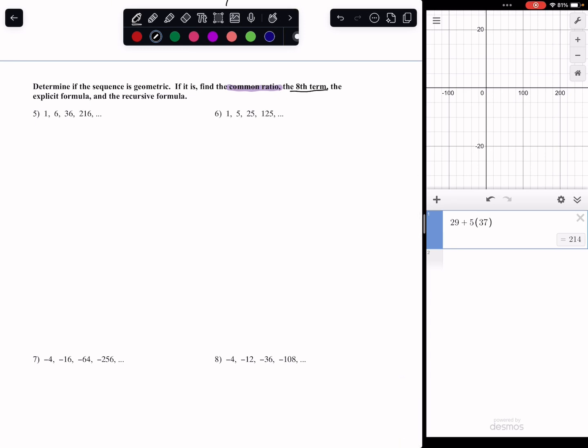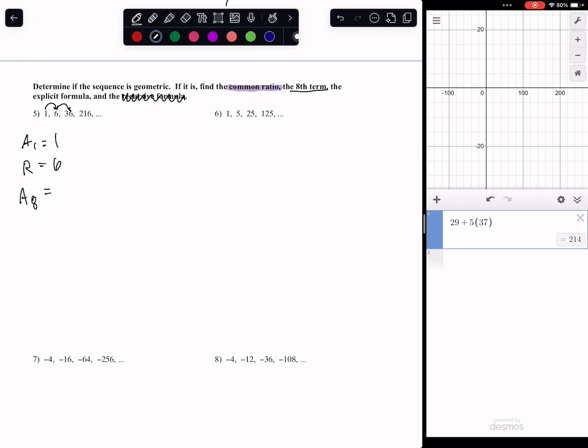All right, cool. So my A of 1 is 1. My common ratio. What is happening to get from this number to that number, that number to that number? Well, we're multiplying that by 6. So we're trying to find the 8th number. And we're not going to do recursive this time.